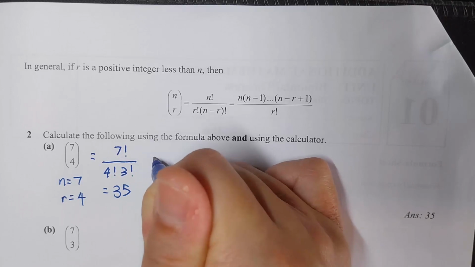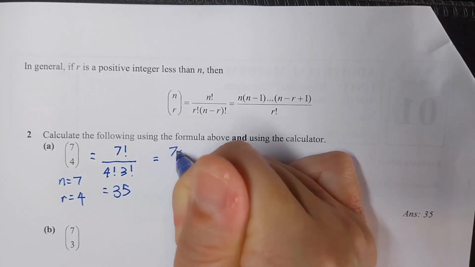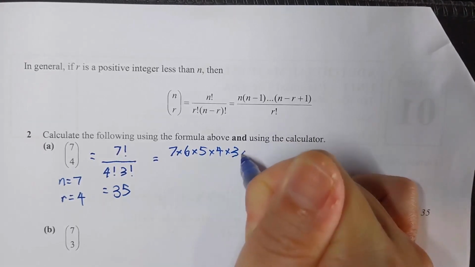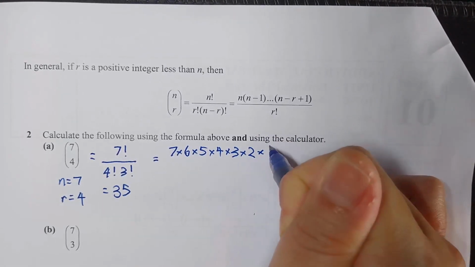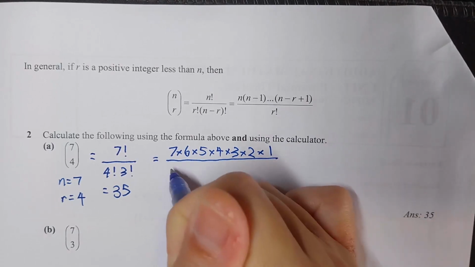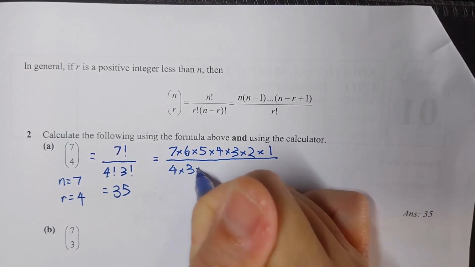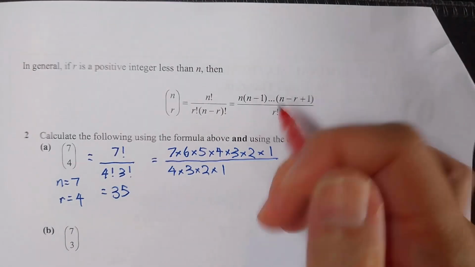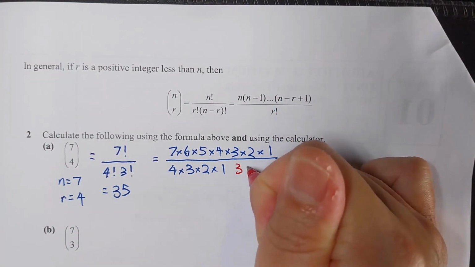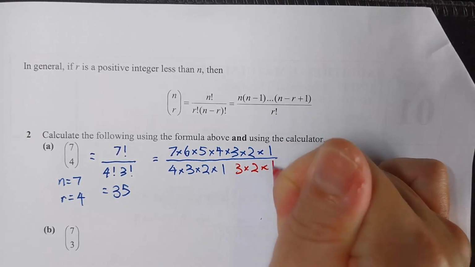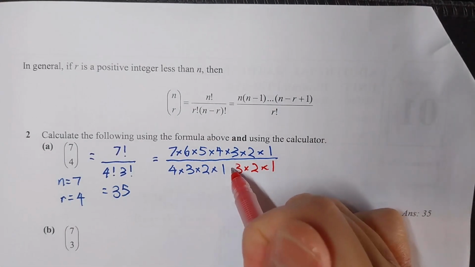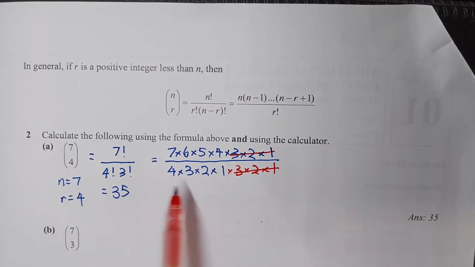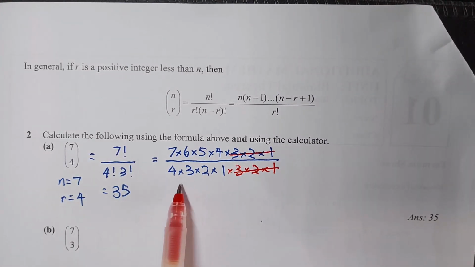Now you realize that 7 factorial is actually 7 times 6 times 5 times 4 times 3 times 2 times 1. 4 factorial will be 4, 3, 2 times 1. And 3 factorial will be 3 times 2 times 1. You will realize that this will cancel off each other, and what is remaining is actually this part here.